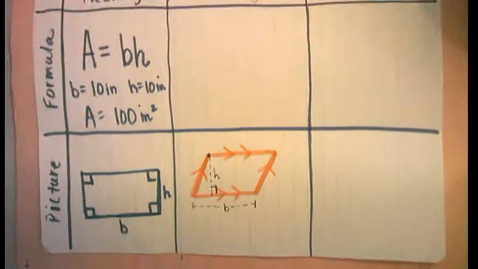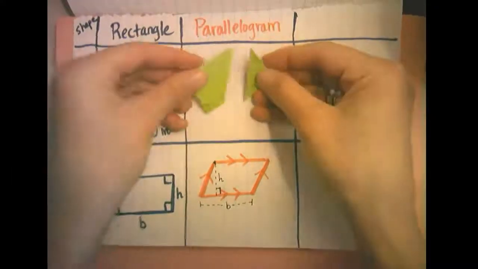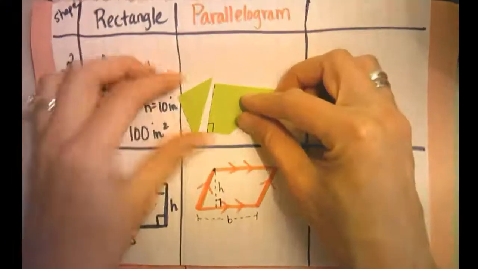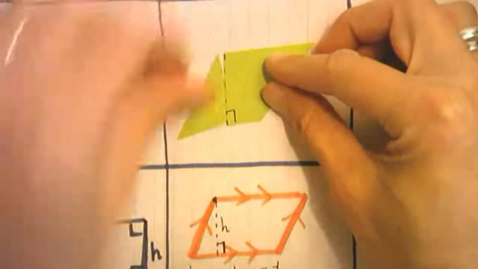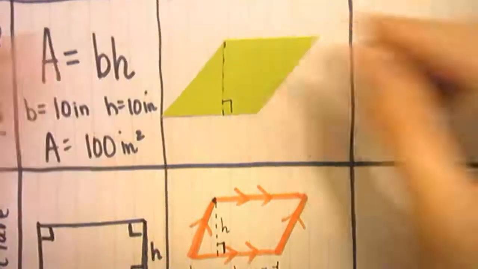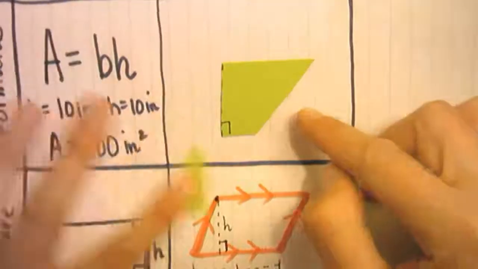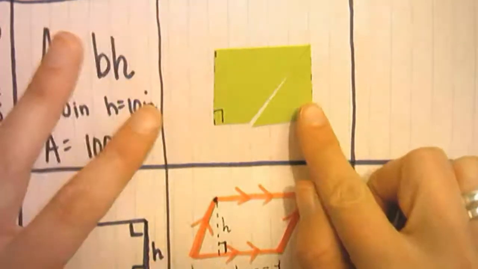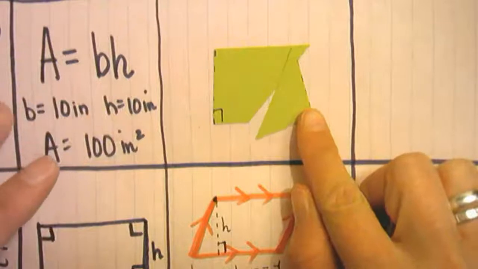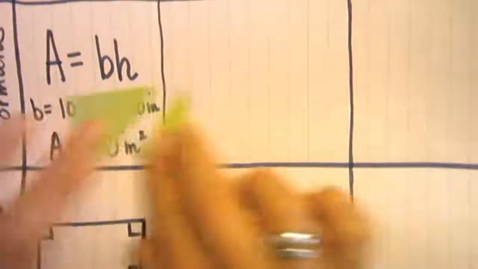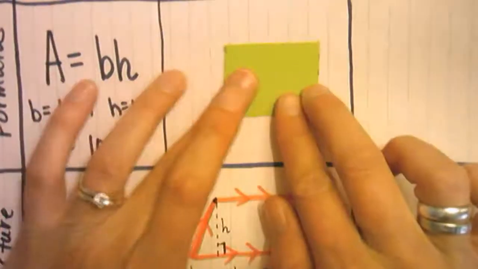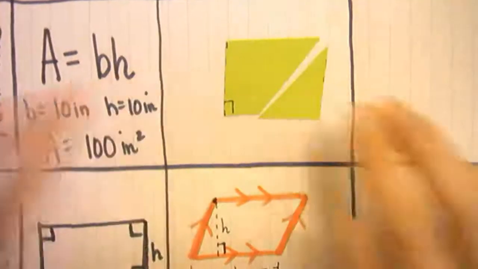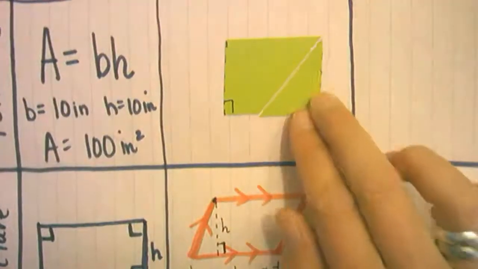So remember at the beginning of this I said you can take any parallelogram, cut it along its height, move the triangle over, and what do you make? Yeah, good job. You make a rectangle. Well, if the formula for a rectangle is base times height, what's the formula for a parallelogram going to be? Exactly.